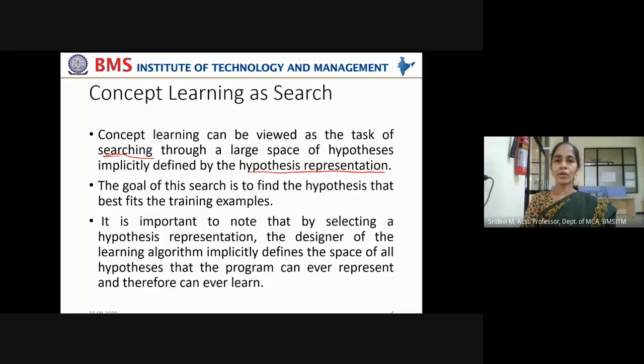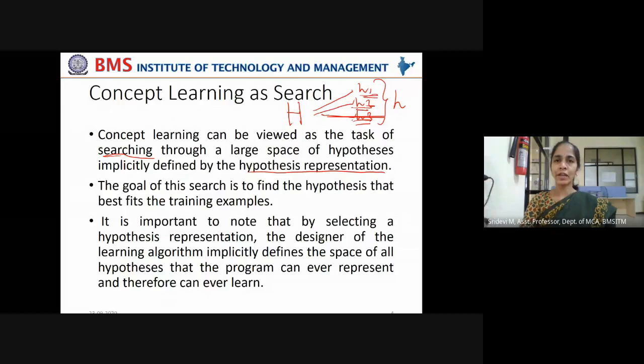Whenever a concept has to be learned, the machine has to search in the hypothesis space H, different hypotheses H1, H2, H3 and so on, and select the best hypothesis that will fit the training examples given, that will better explain all the combinations of the training examples given. This can be treated as a search problem because you're trying to search from all the hypotheses available, which is the best hypothesis. You means machine here.